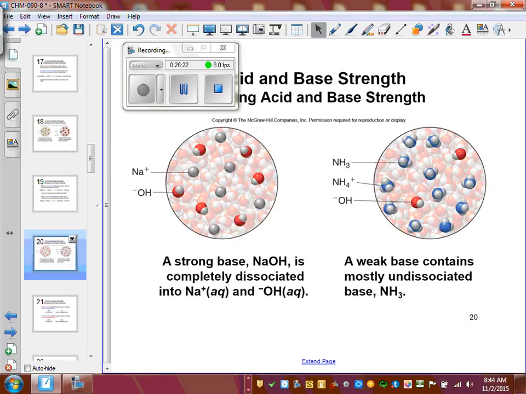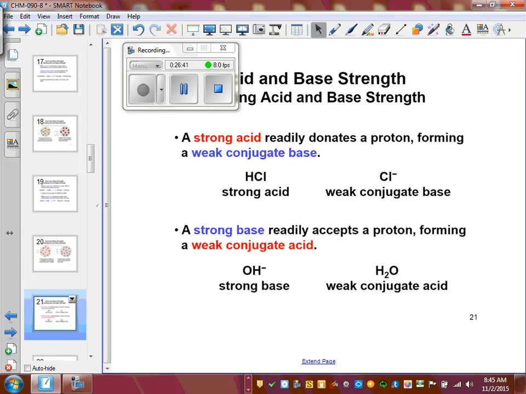So a strong base completely dissociates, a weak base mostly undissociated. A strong acid forms a weak conjugate base.